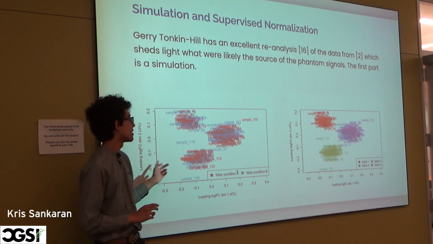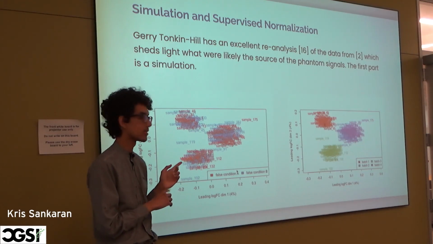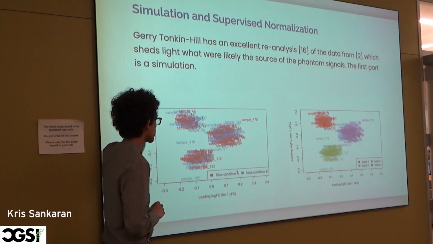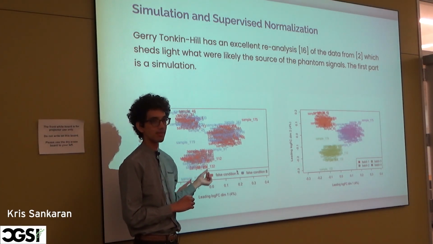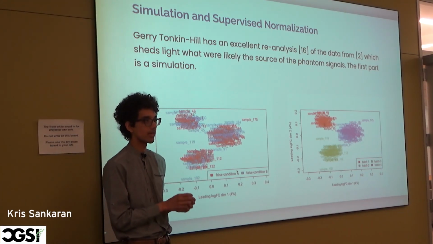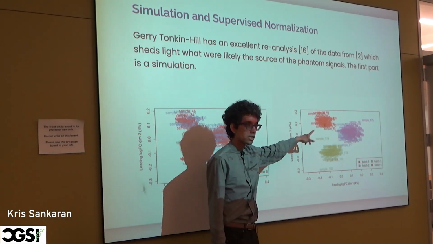Okay, so how can you understand what happened in that Nature retraction using simulation? This has come from Jerry Tonkin-Hill at Melbourne. This is just a mixture of Gaussians simulation, so it's really far from any real microbiome data, but it's enough to get a sense of what might have happened. So imagine these 4 groups are like 4 hospitals.